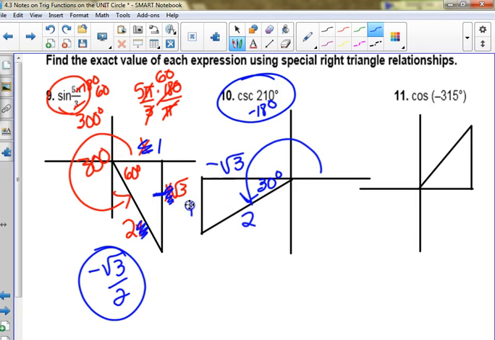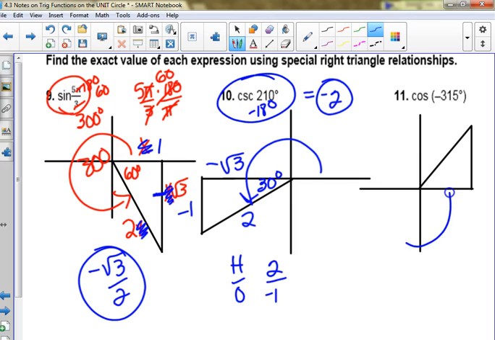I went left and down. The radius is always positive. Cosecant, okay? A lot of stuff you got to memorize here, guys. Sine is opposite over hypotenuse, so we need hypotenuse over opposite from this reference angle, which would be 2 over -1. So this answer is -2.